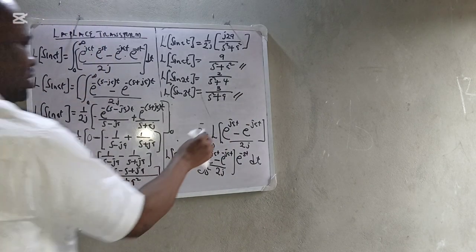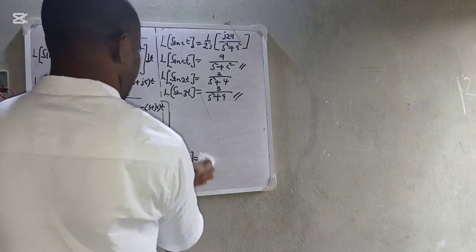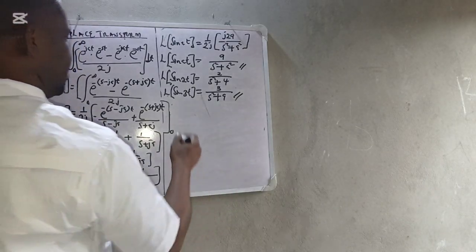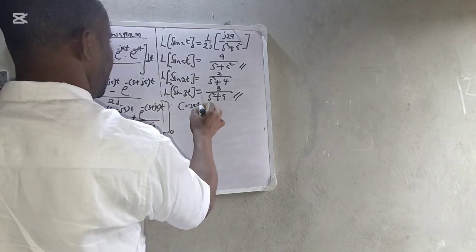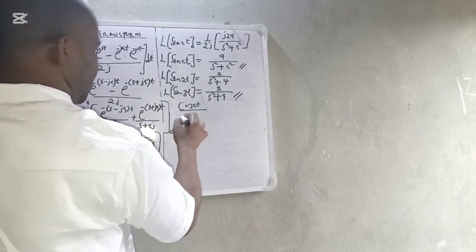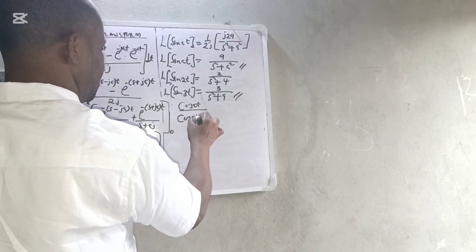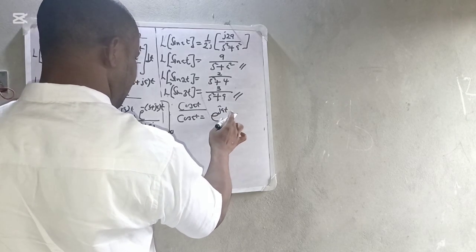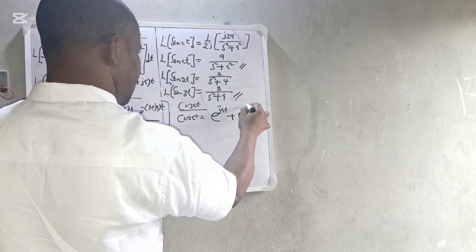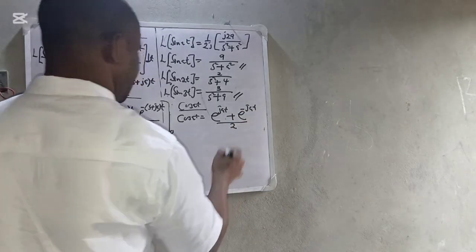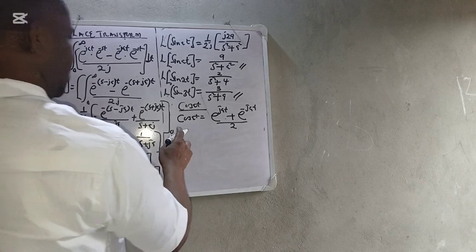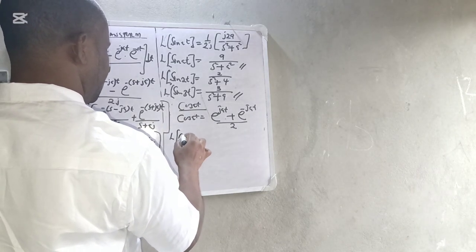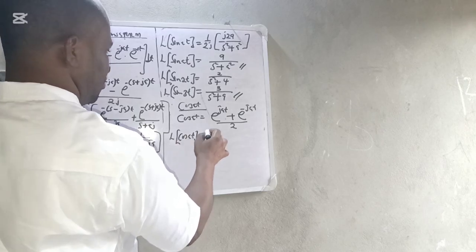On the analysis, let's also look at Laplace transform of cos theta or cos at. So for cos at, we have that cos at is the same thing as exponential this and plus minus at divided by 2. So when we include this in the formula, we are having that Laplace of cos at will give us this.